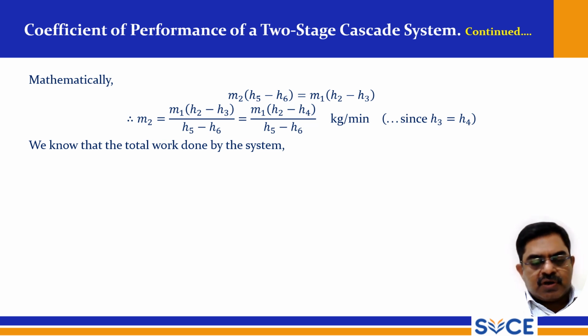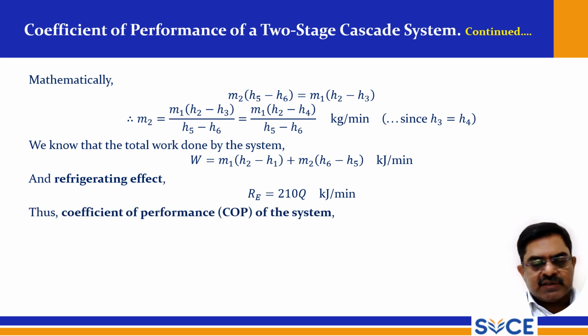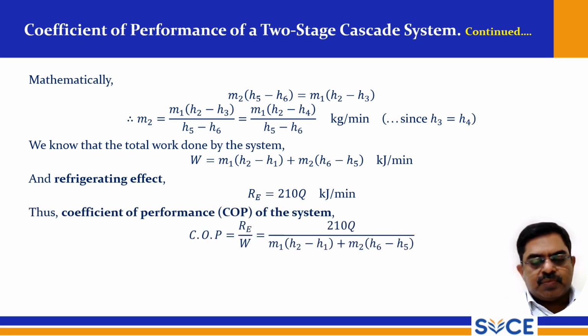We know that the total work done by the system W equal to M1 (H2 minus H1) plus M2 (H6 minus H5) kilojoules per minute. And refrigeration effect is RE equal to 210Q kilojoules per kg, and the coefficient of performance COP of the system is RE divided by W, equal to 210Q divided by [M1 (H2 minus H1) plus M2 (H6 minus H5)].